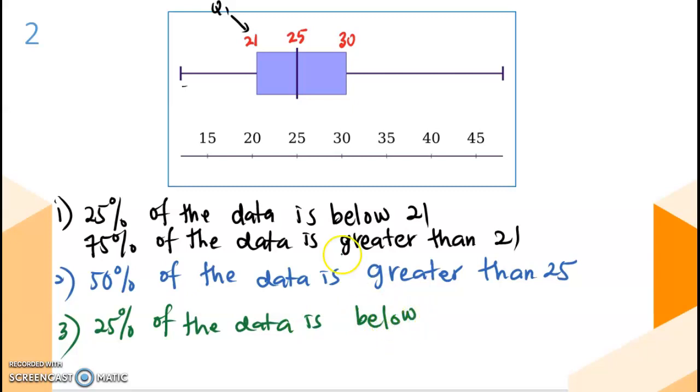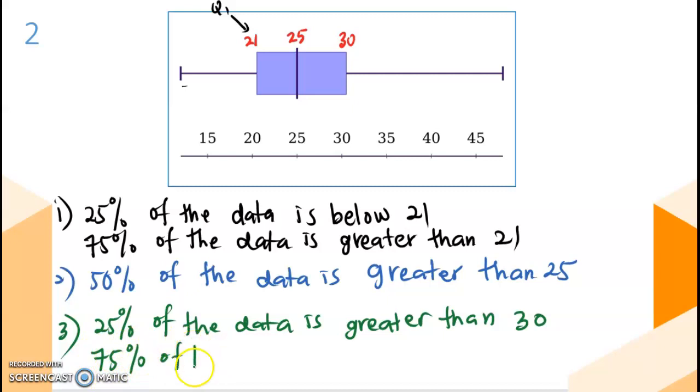It's not below. It's greater than 30, or 75% of the data is below 30.